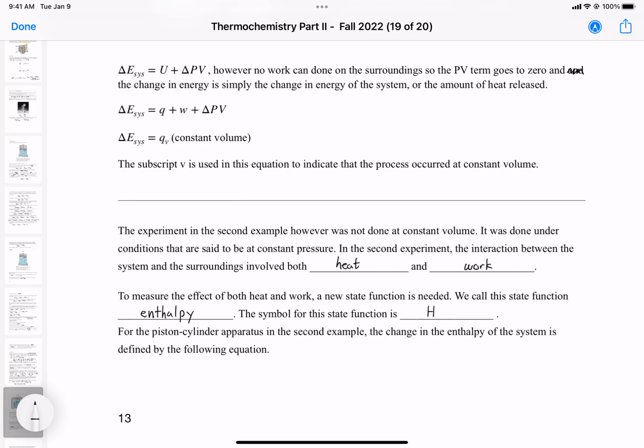For our example of a piston cylinder apparatus, in the second example, we can say that the change in enthalpy, delta H of the system, is equal to, sorry, not delta H, my bad.